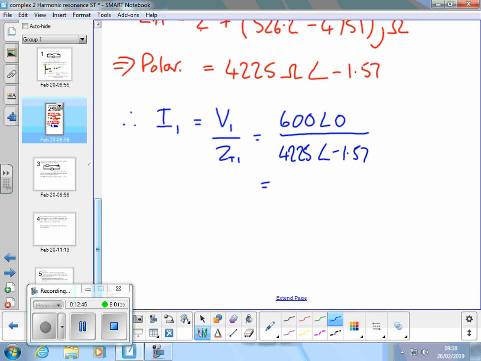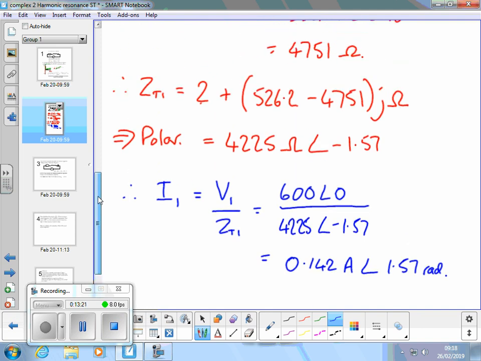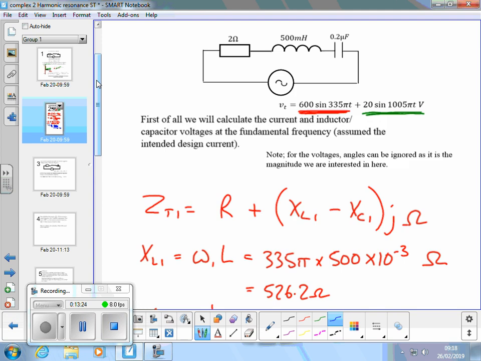We get 0.142 amps, angle 1.57 radians. So at the design voltage and frequency, this circuit's going to draw 142 milliamps. That's what's going to be drawn due to that applied voltage, which is the design voltage.